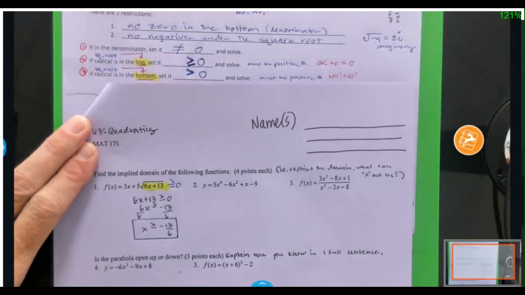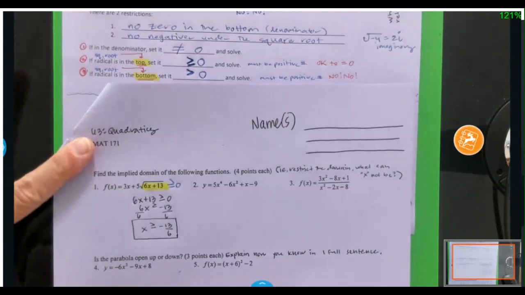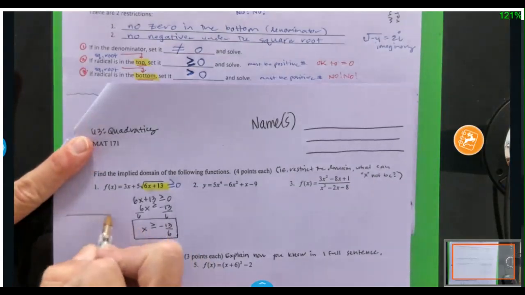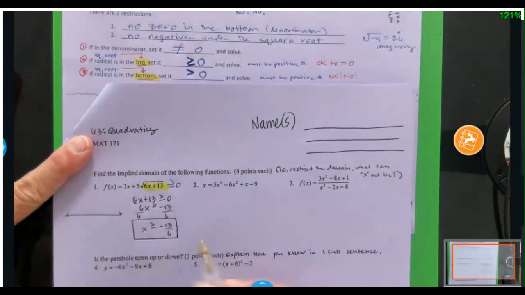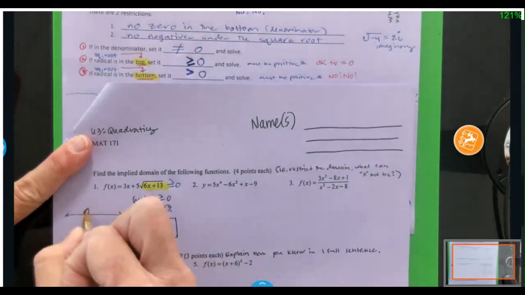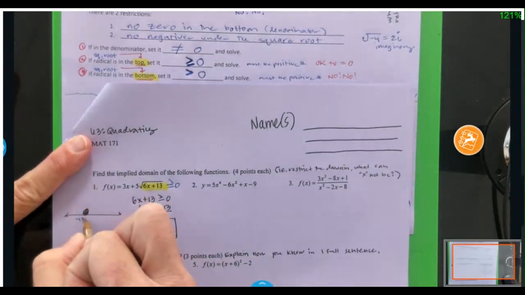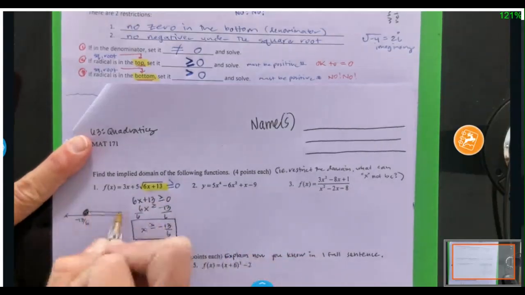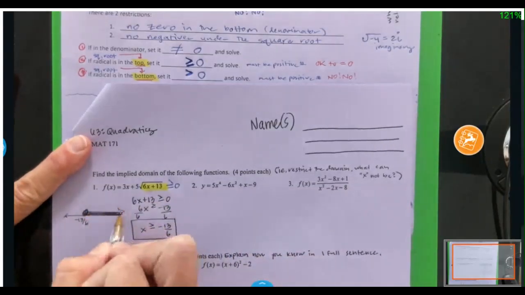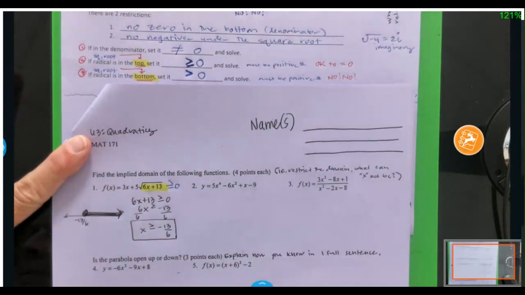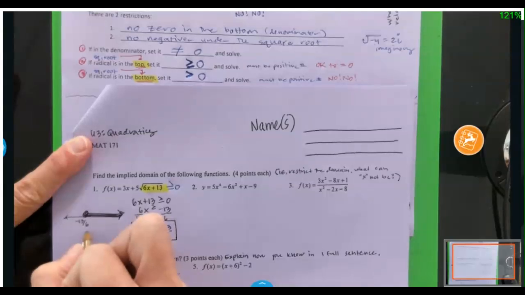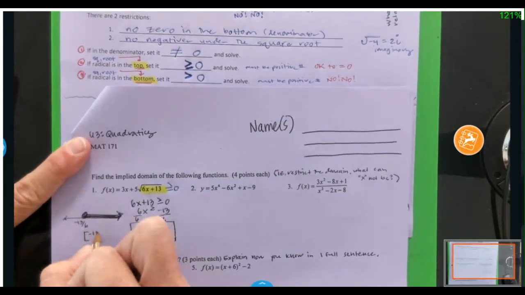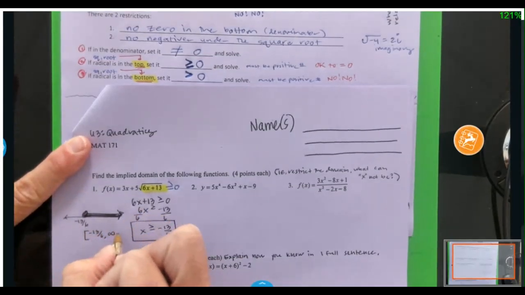Now, you don't have to do this, but I do want to remind you of what that would look like as an interval. This is good review because there's a lot of intervals on the final exam. So this would be a closed circle at negative 13 over 6. It would be shaded to the right. And if you wanted to write that in interval notation, it would be bracket at negative 13 over 6, comma, infinity.